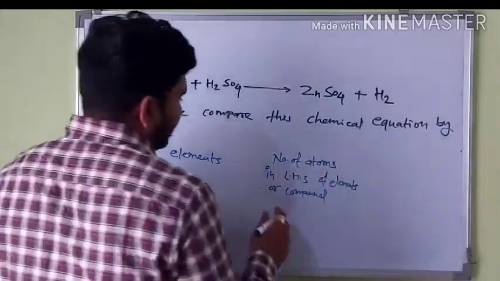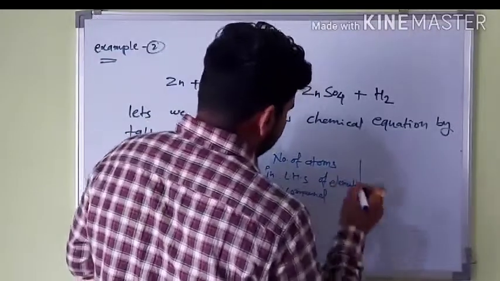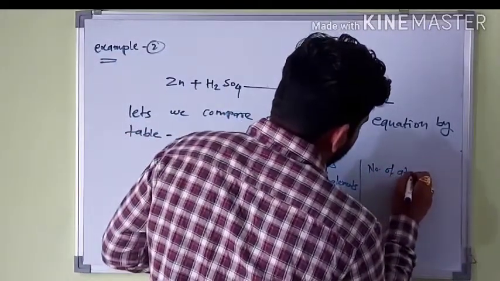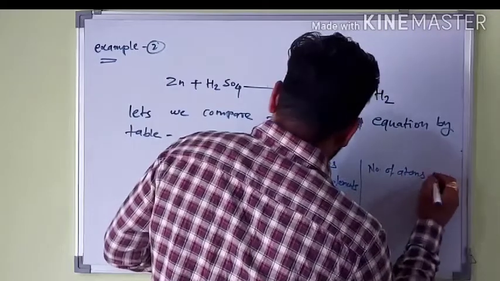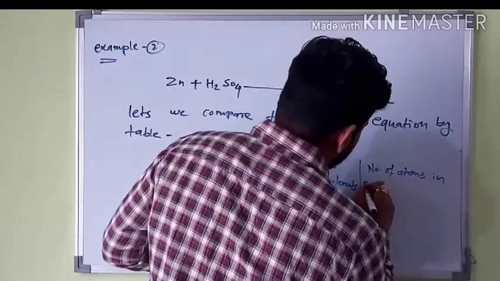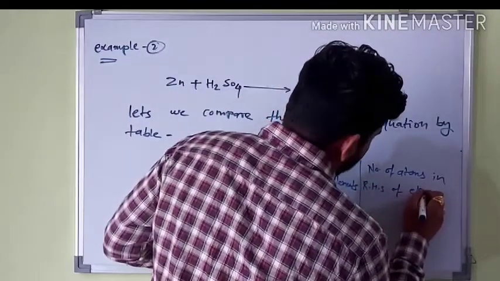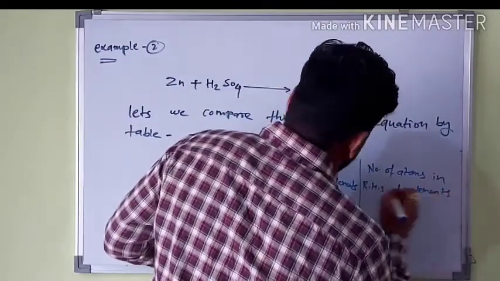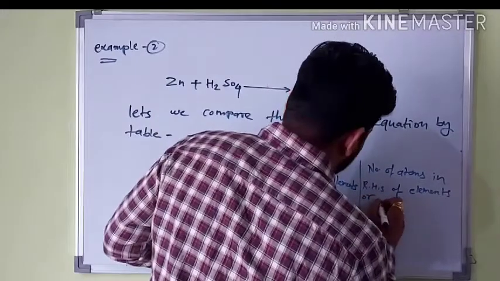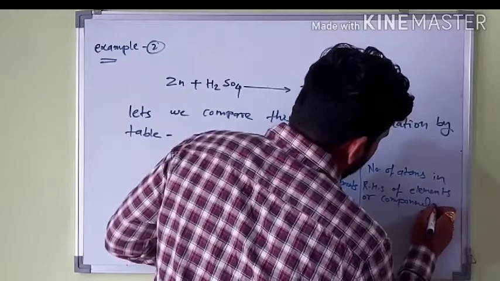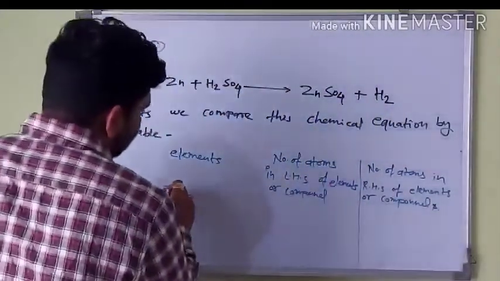We can write all these things here. Now the same thing, number of atoms in the RHS of elements or compounds. Okay, so let's compare.